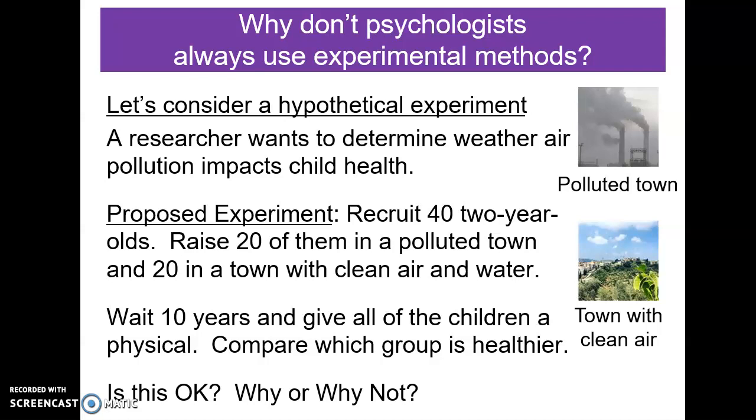But what about those polluted towns that have mercury in the water, or that live in a highly radiated area, with radiation under their soil, which we know can increase the chance of pediatric cancer? So really, is it fair and is this okay? No, it's not. This would be considered highly unethical, because we know the potential for harm that could be done to those 20 who are being raised in a polluted town.